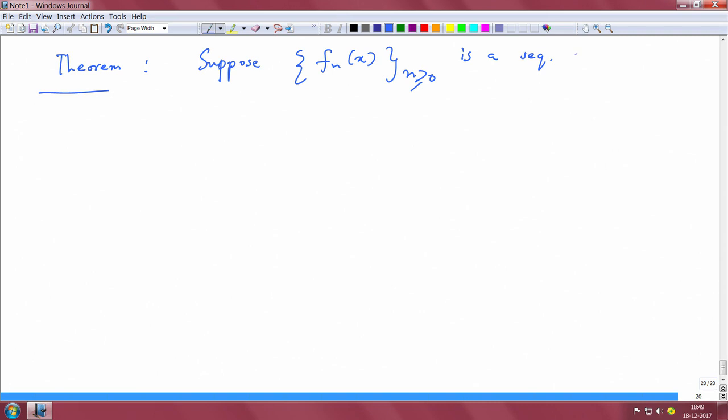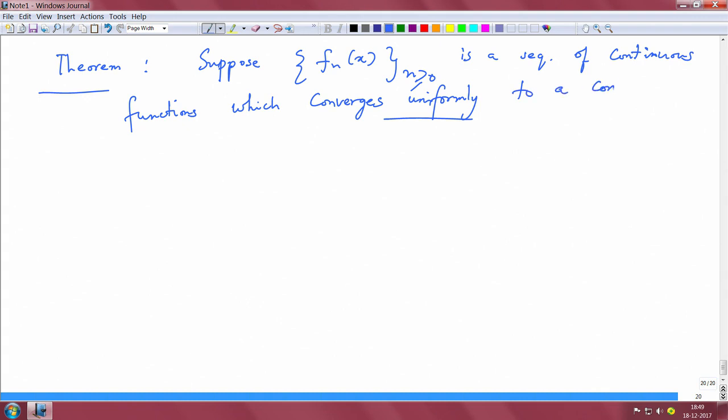I will conclude with another theorem. Suppose fn of x is a sequence of continuous functions which converges uniformly to a continuous function f of x on a bounded interval.